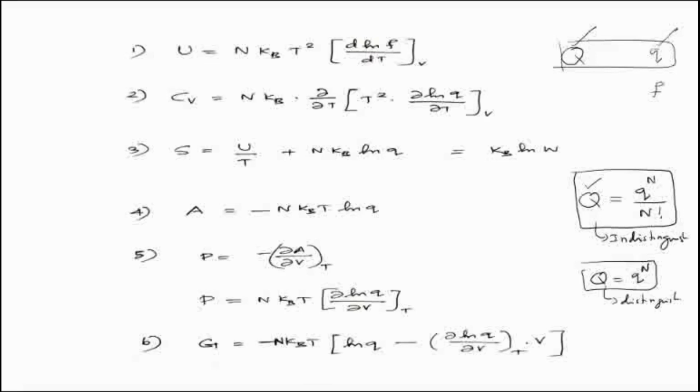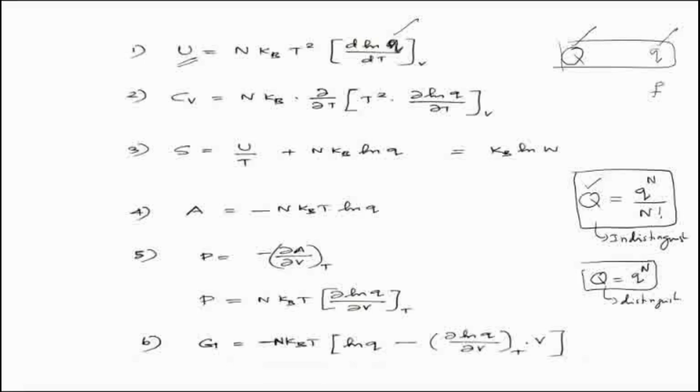between the different thermodynamic properties and how these properties are related with the partition function. So first, internal energy. Internal energy is related with the partition function. See, I have given small f, you can also use small q. Nothing wrong in it, right?